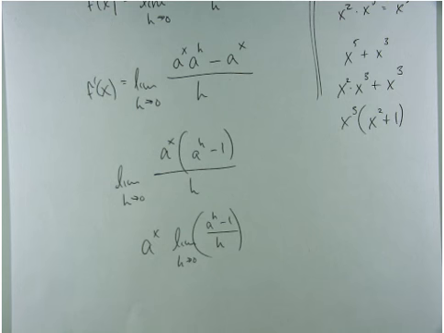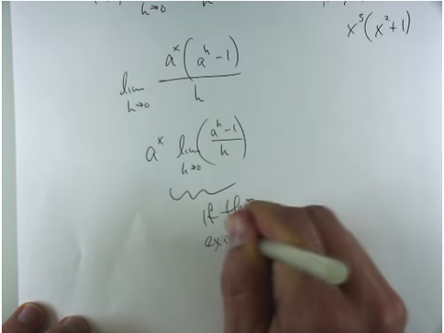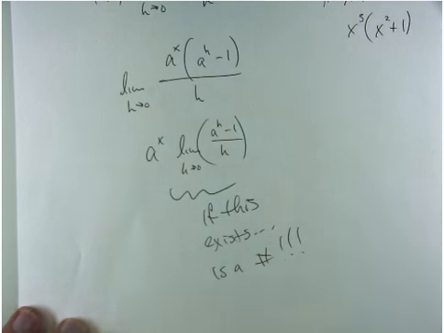And what's fascinating about this, what's exciting to me about this, is that this limit is just going to be a number. It doesn't have any x's in it. It's not a function, right? X can be whatever you want, and this is just going to be the same thing, right? H is changing, and this doesn't have any x's in it whatsoever. So if this limit exists, it's just going to be a number.